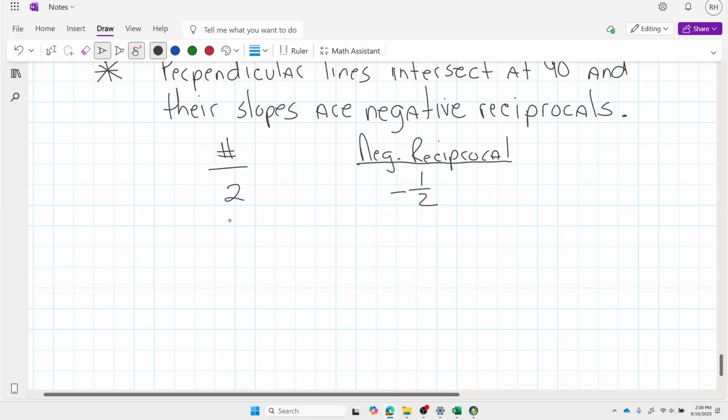If our number or our slope is 1/2, then the slope of a line perpendicular to it would be negative 2 over 1, which is negative 2. If a line has a slope of negative 3/5, then the slope of a line perpendicular to it would be 5/3. Negative reciprocal. It's got the opposite sign, and the fraction is flipped.